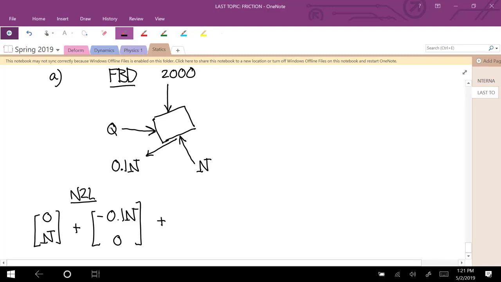Okay, so this Q force is going to be 0.996 Q, and then negative, what's the sine of 5 degrees? 0.0872 Q.